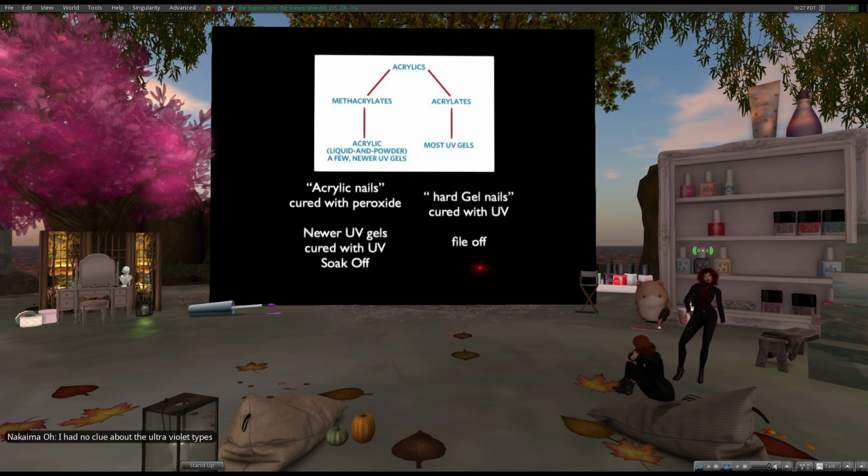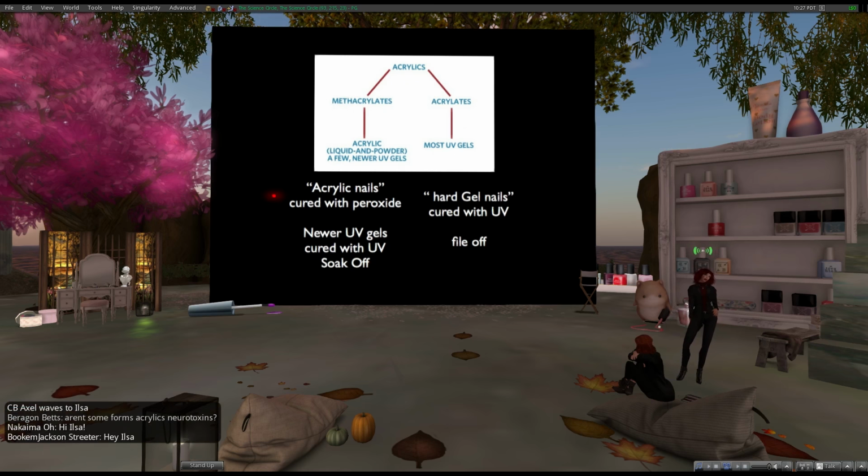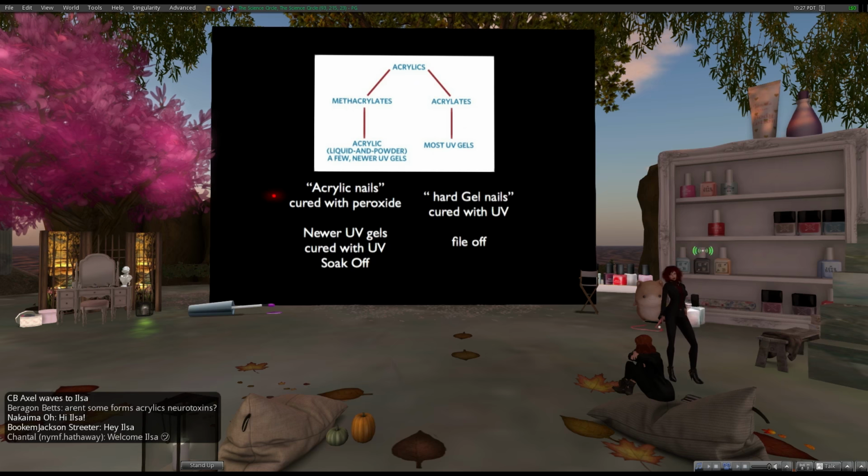If you want those off, you have to grow them out over months or grind them off, and that can really damage your nails. So those are a long-term commitment. The original acrylic nails were a combination of 2, a solid powder and then a liquid, and that liquid helped the polymerization happen. Those are called acrylic nails, and they could be soaked off with a lot of acetone.